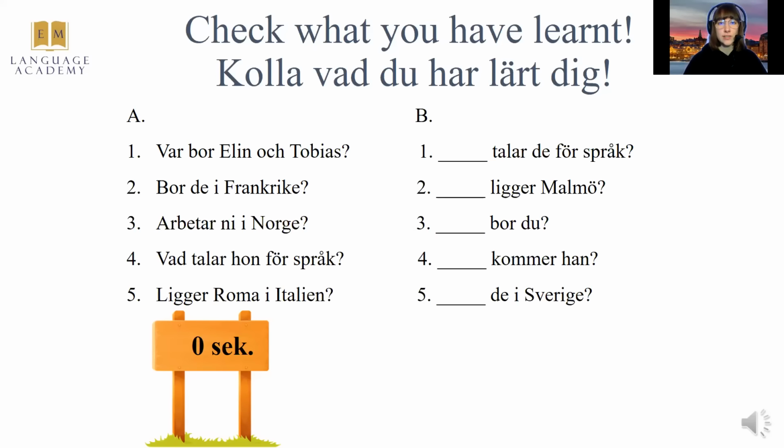So my recommendation is that you mark the question word, if there is any, or the verb. While in exercise B, now we have to figure out what type of question it is and insert either the question word or the verb itself in the empty spaces. So you have 40 seconds for this task, and your time starts now.